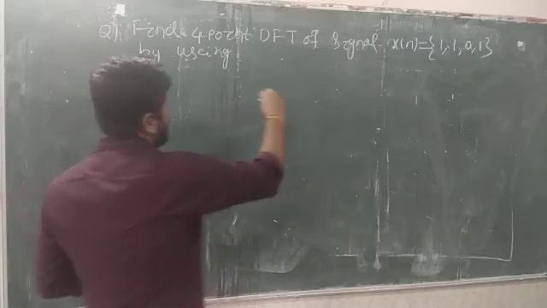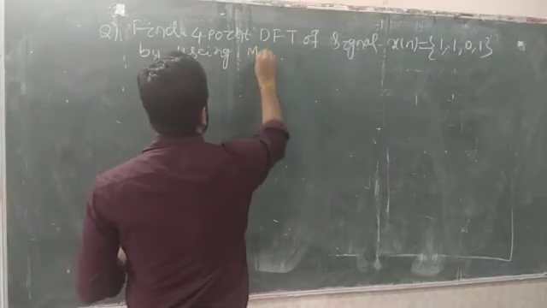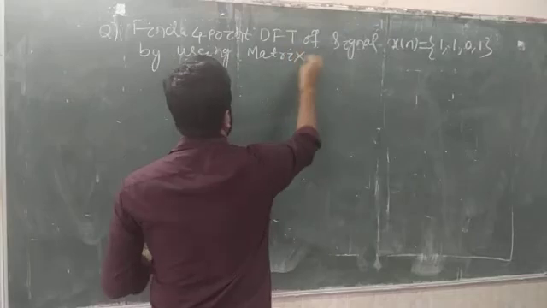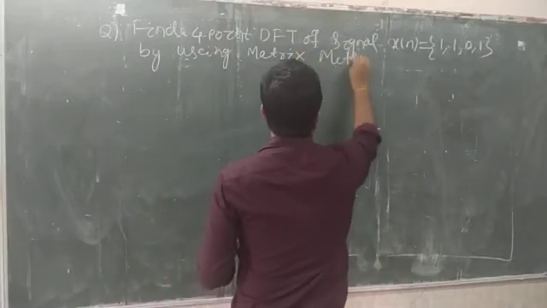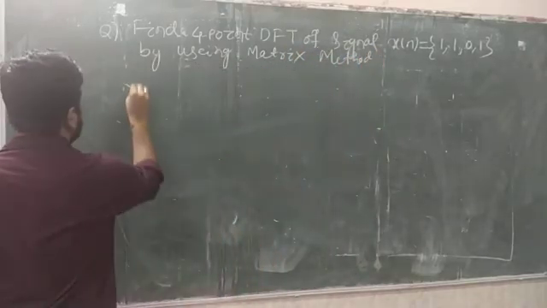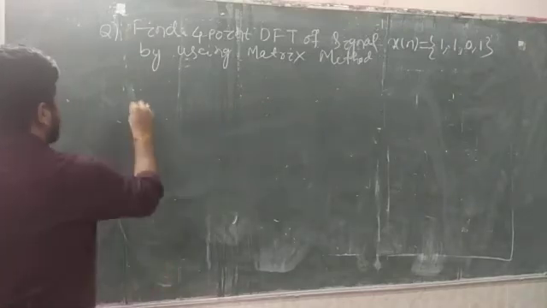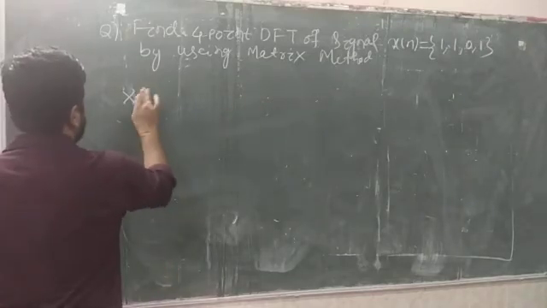So find the 4-point DFT of signal x(n) 1 1 0 1 by using the matrix method. Obviously x(n) is given and you need to find X(k).